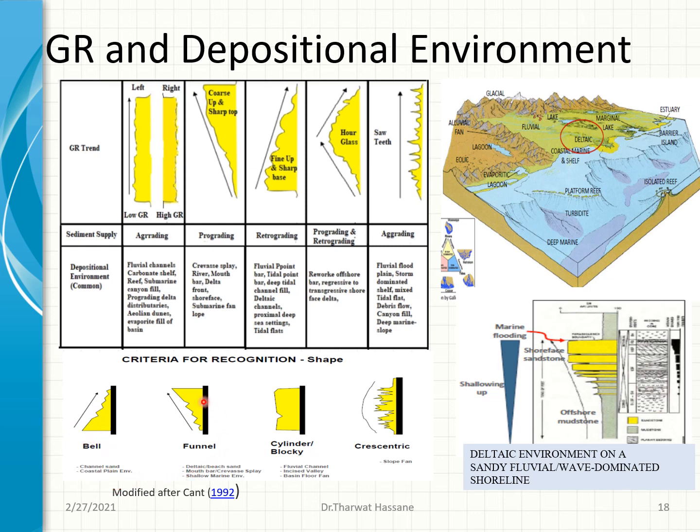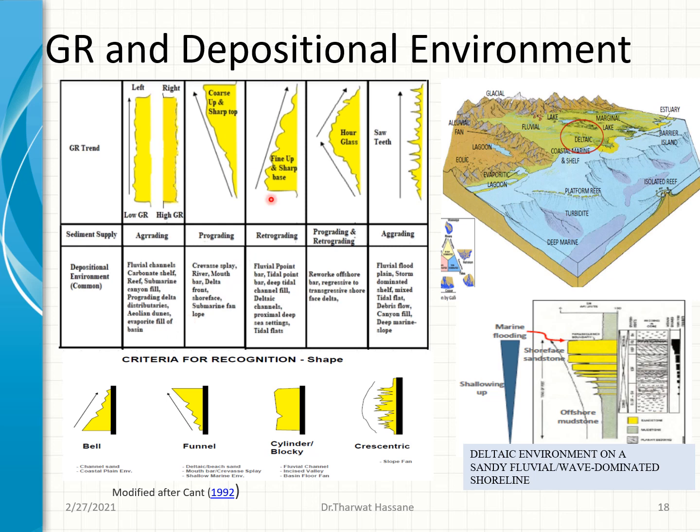If you have a funnel, maybe this is delta, beach sand, or mouth bar, or shallow marine. If you have a cylinder or block, like fluvial channels or basin floor fans, and this also applies to slope fans. Each one of these is shown here in more detail, so you can see the kind of environment for each.